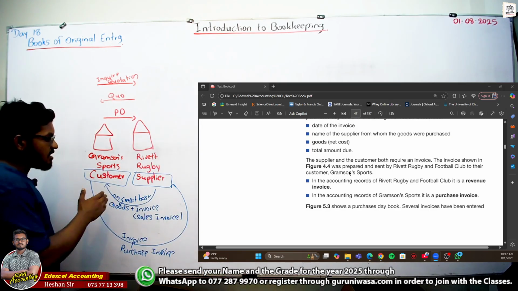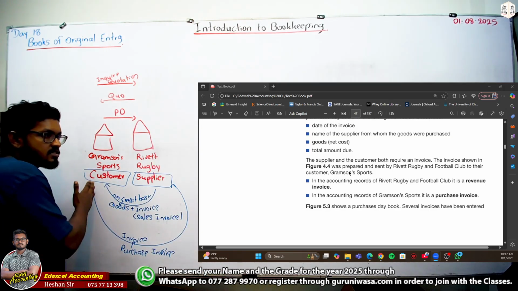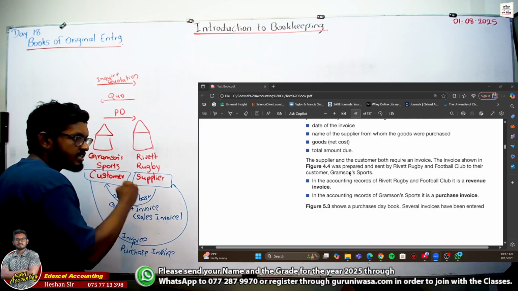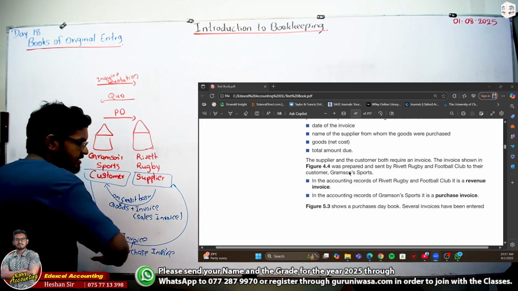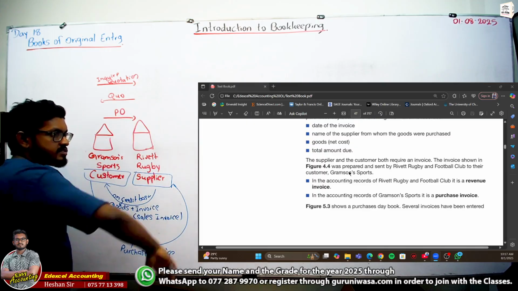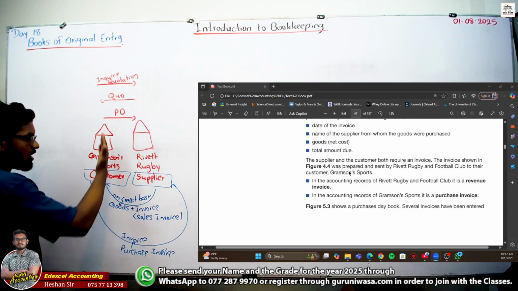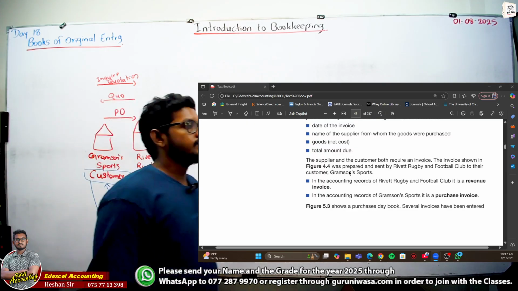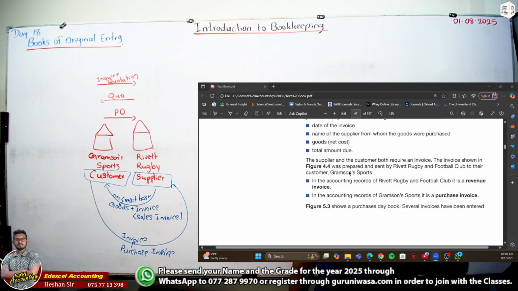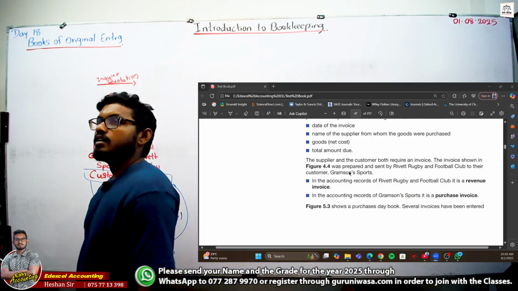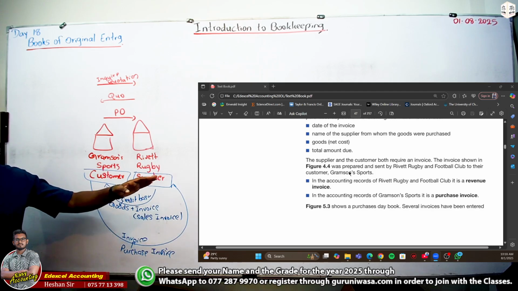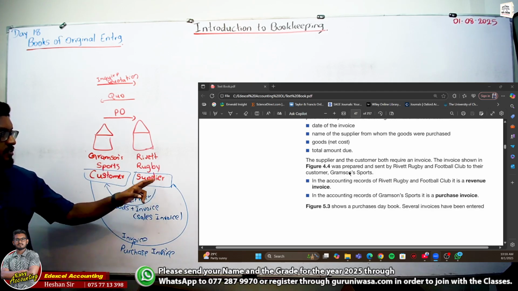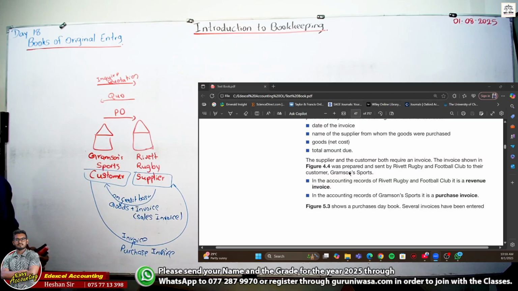So the customer takes two photocopies and puts a seal on the sales invoice as the purchase invoice, sending one to the supplier as they receive the goods, and one to the customer's accounts division. In the accounting records of Revert Rugby Club, it is a revenue invoice, that is, the sales invoice.